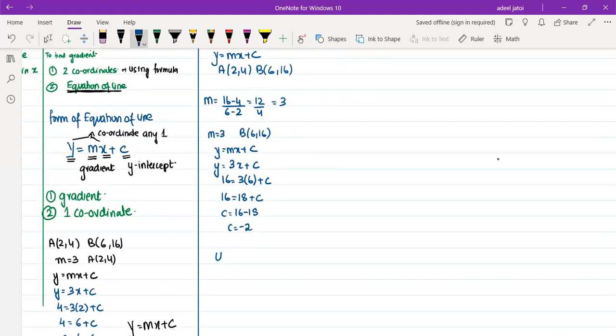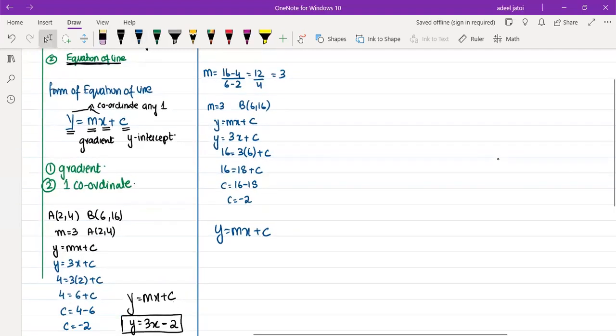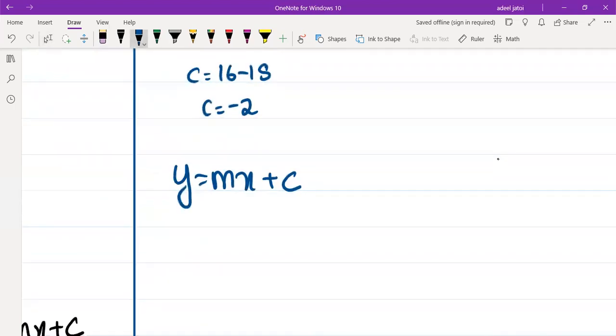Obviously we are not going to leave it here. Since we need to give the answer in equation of line formation, y is equal to mx plus c, where m was 3, x is there, and c will be minus 2.